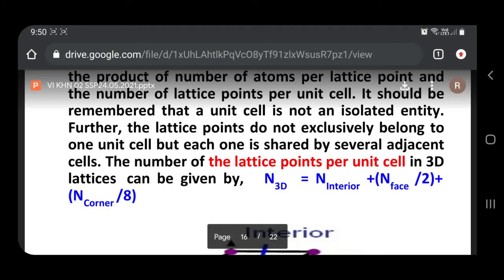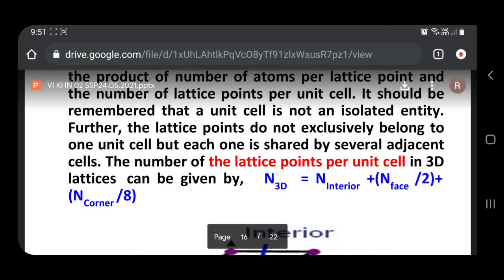So the atom at each face is shared between two adjacent unit cells. If 6 faces are there for a cube, at each face you have the presence of a lattice point, that is, the presence of an atom that is shared between two adjacent cells. So 6 faces are there, 6 atoms divided by 2, because at each face only half of the atom belongs to the unit cell under consideration.